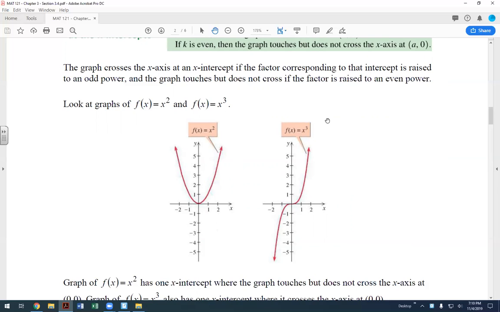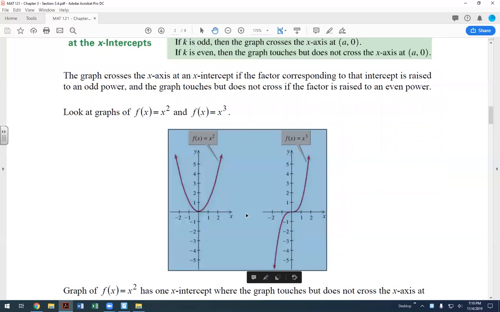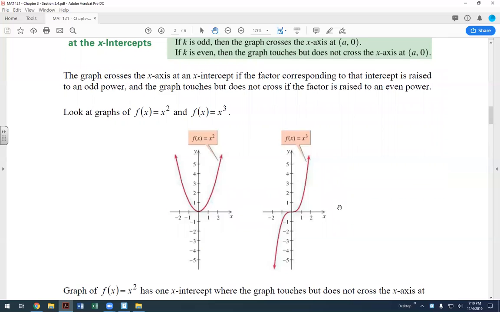So they're both going in the positive direction. If x is going to negative infinity, y is also going to negative infinity. So that is my odd exponent with a positive coefficient. Now, if I slap a negative sign in front of this x to the third, that's a reflection, which means this arm will go down and this arm will go up. That's how the direction is going to change. And instead of x to the third, you can also think of this as being y equals x as your graph. It works either way.